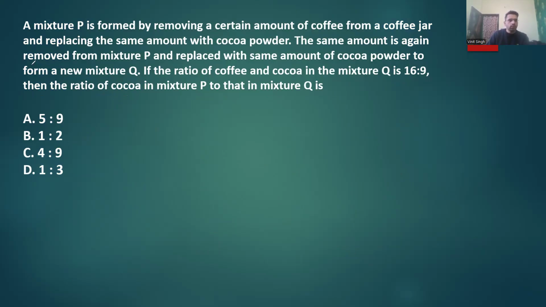A mixture P is formed by removing a certain amount of coffee from a coffee jar and replacing the same amount with cocoa powder.